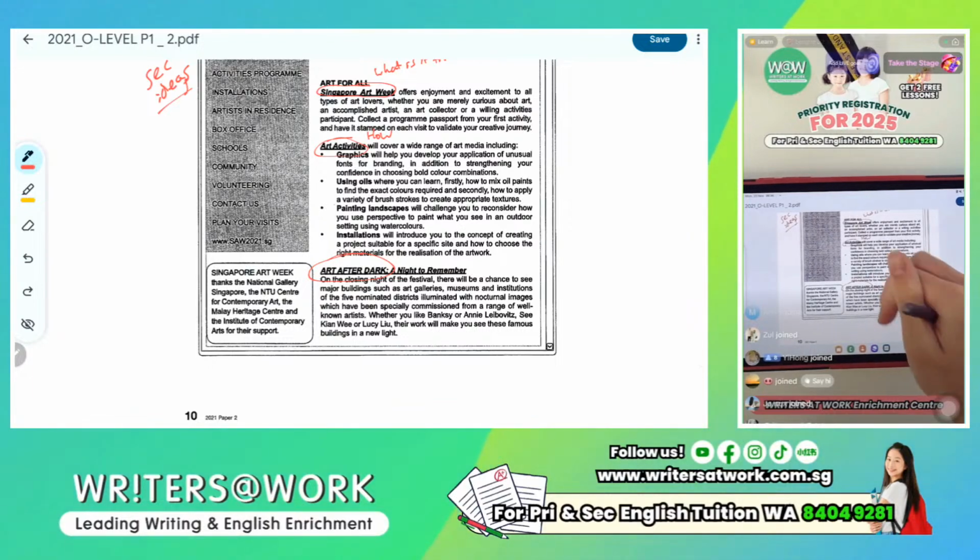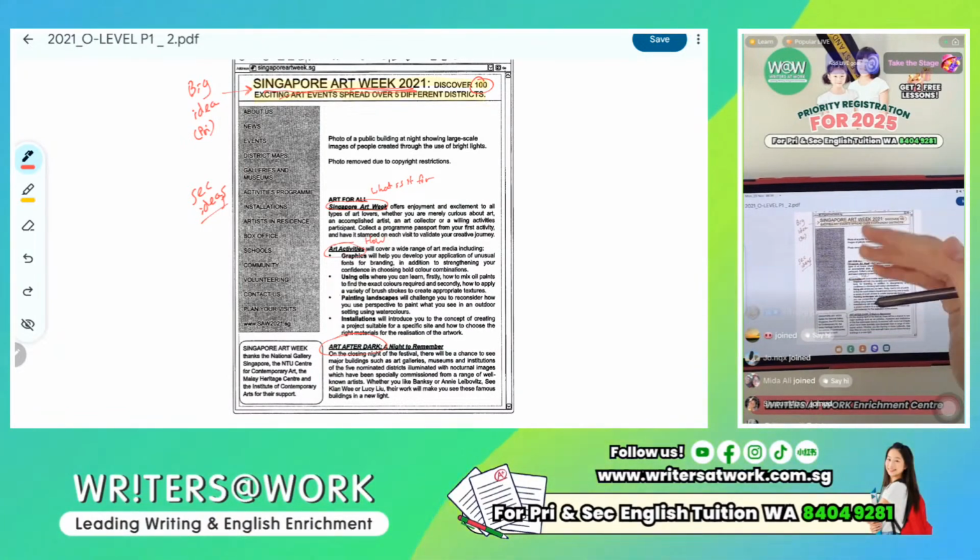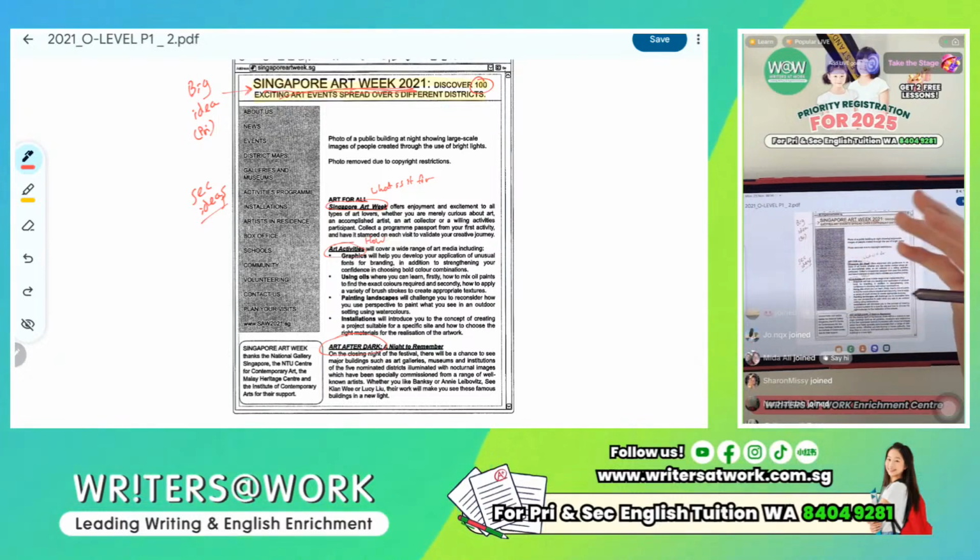So the idea about looking at the visual stimulus is not so much about going down to the details, and probably once you have finished reading it, you'll forget most of the details because they aren't really relevant to you unless perhaps you take O level art.